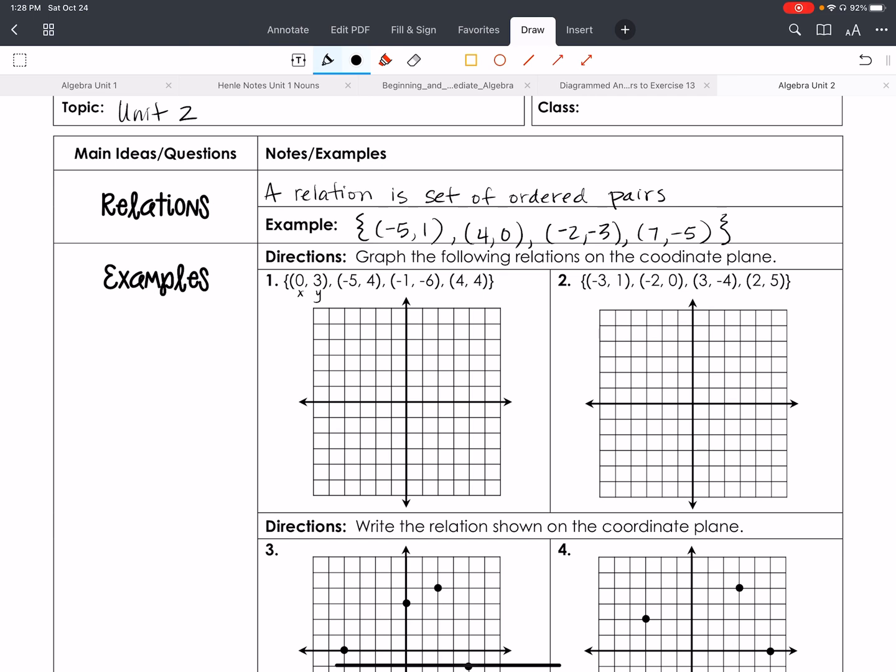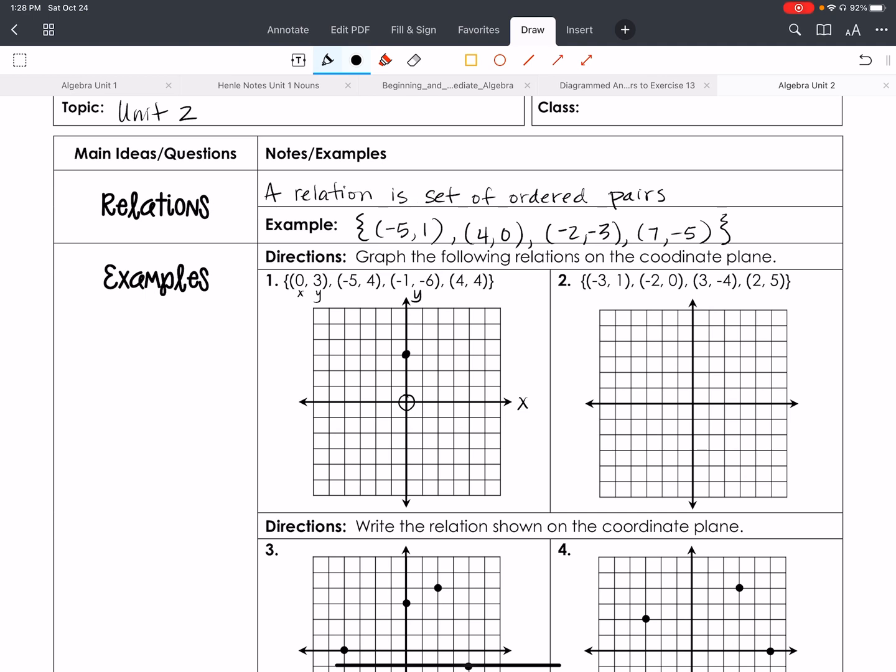If it's a relation, it belongs on the same graph. So here's my origin, 0 on my x number line, my x axis, and 3 on my y. There's the first one. These ones don't have names, notice.